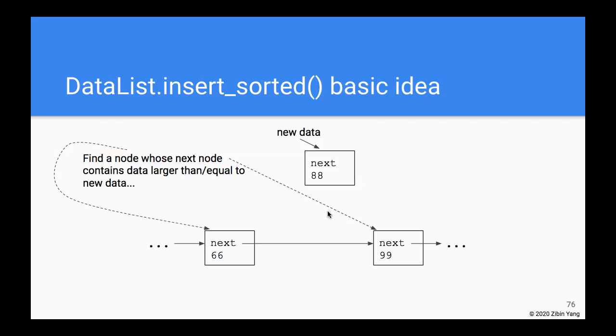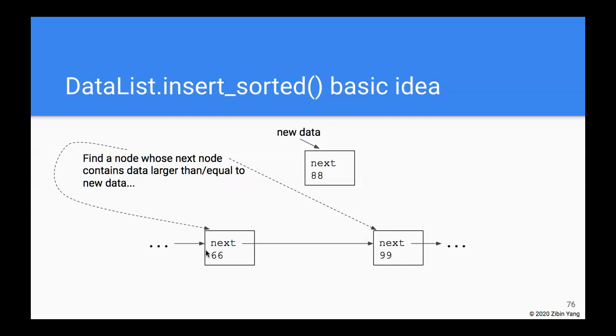Okay, now it's important that we're not looking for the node that contains the data larger than 88, because that node would be 99. But if we just find the node that contains 99, we cannot insert 88 before it, right?